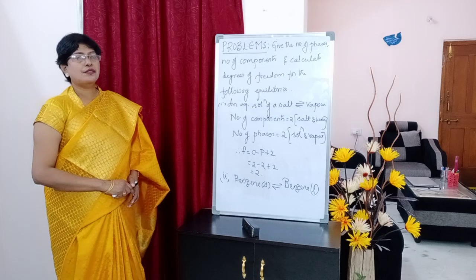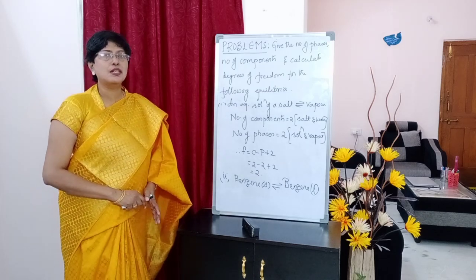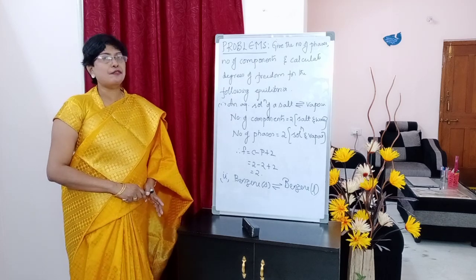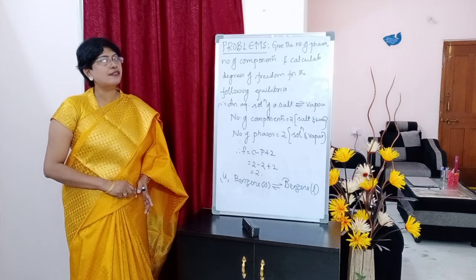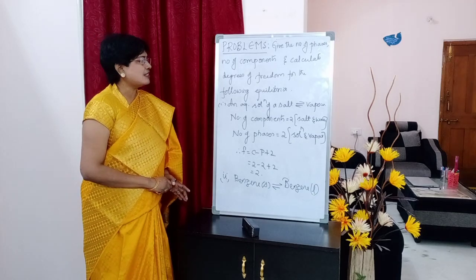So what are we supposed to do? We should give the number of phases, number of components. So if we have number of phases and number of components, we can calculate degrees of freedom. Okay. Write number 1.